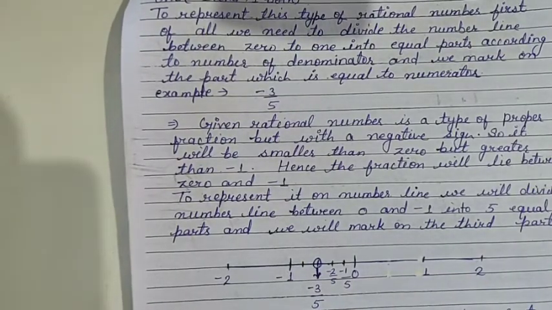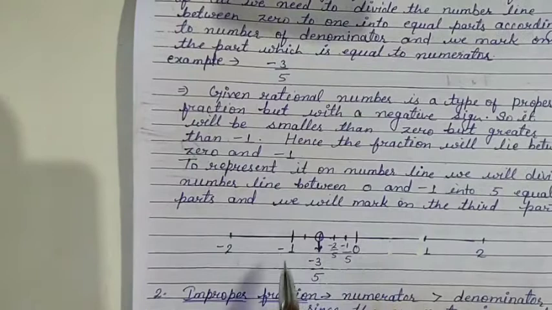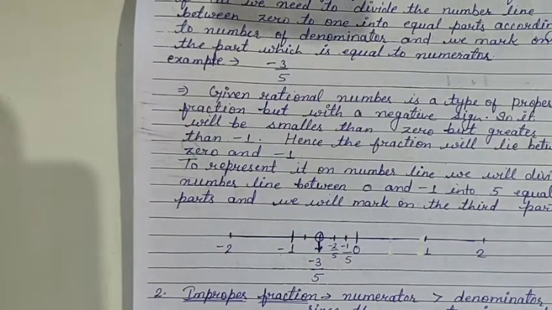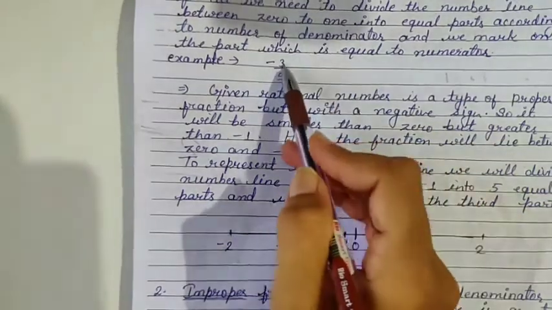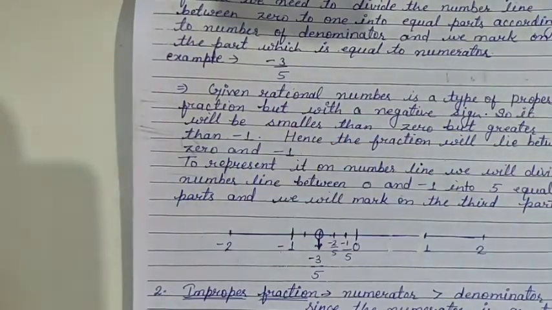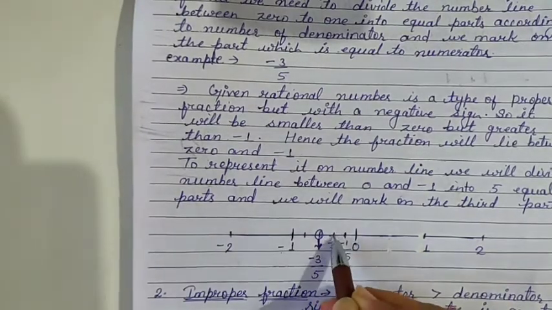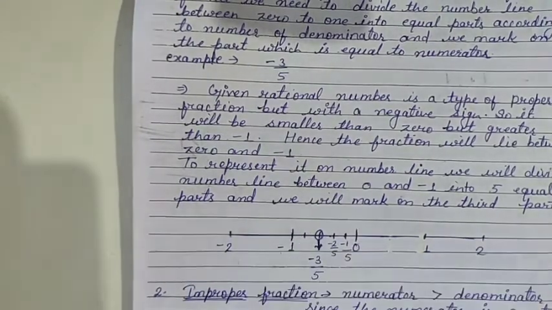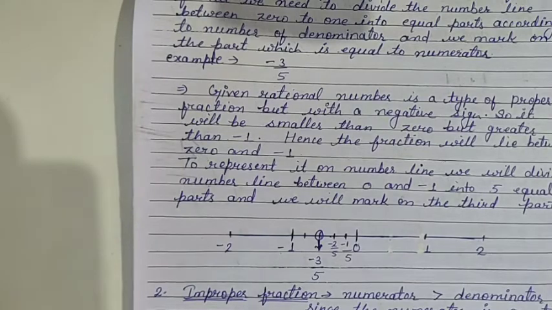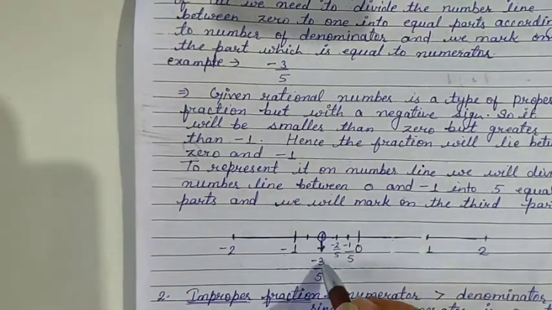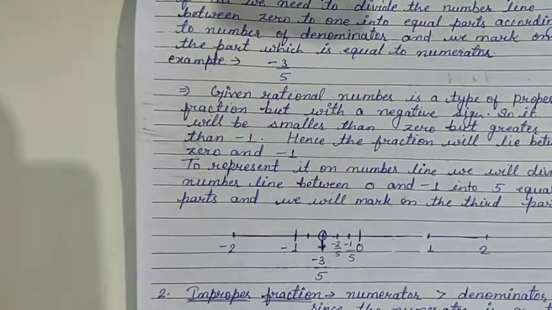These are 5 equal parts of this number line between 0 to -1, and we mark on the part which is equal to numerator. So what is numerator? Numerator is 3, so we will mark on the third part: first, second and third. So this is our answer. This is the representation of -3 upon 5 on number line.